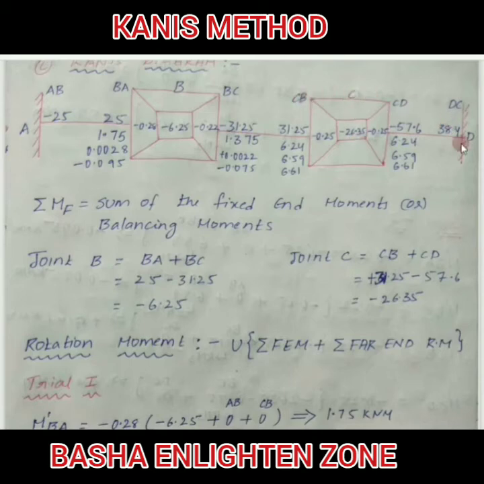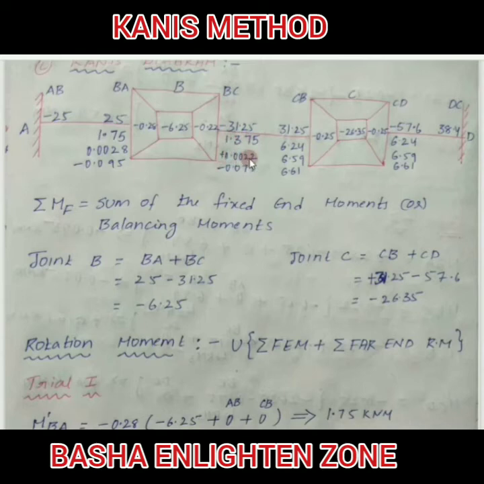For CB, DC and BC are the foreign rotation moments. For DC it will always be 0, so you can take that down directly as 0. Plus for CB there will be 2 rotation moments from BC after calculation of the 2 trials. So there will be 1.375 and 0.0022.